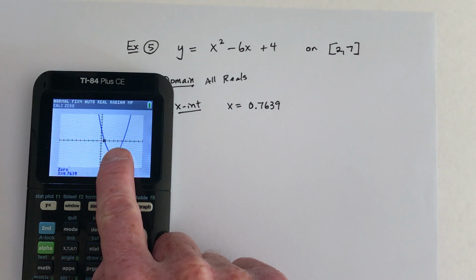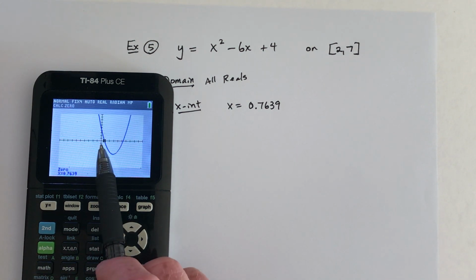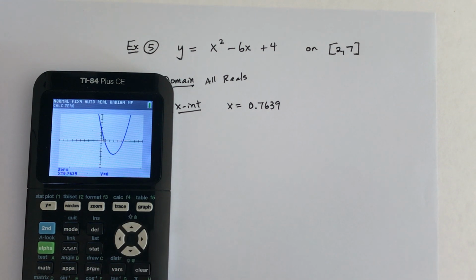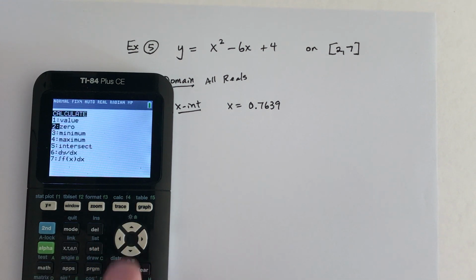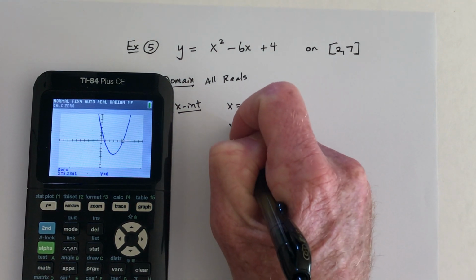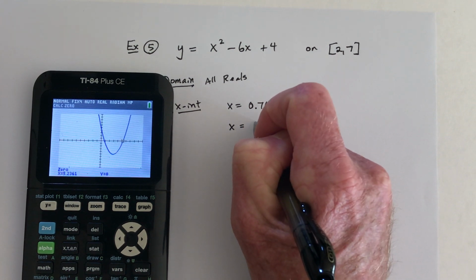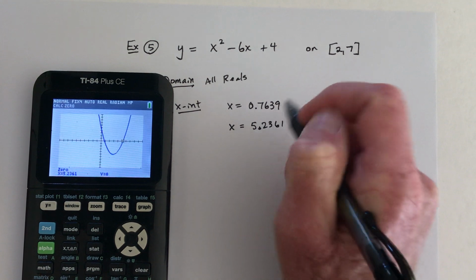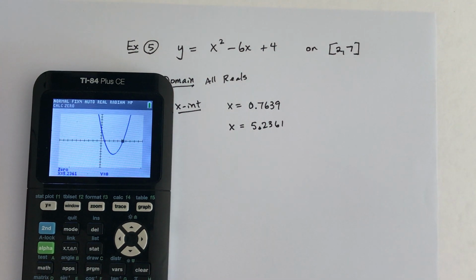And then let's find this one. So that's 1, 2, 3, 4. So this one is 5 point something. So look between 5 and 6. And my guess is 5.2. Actually, that was a pretty decent guess. X equals 5.2361.